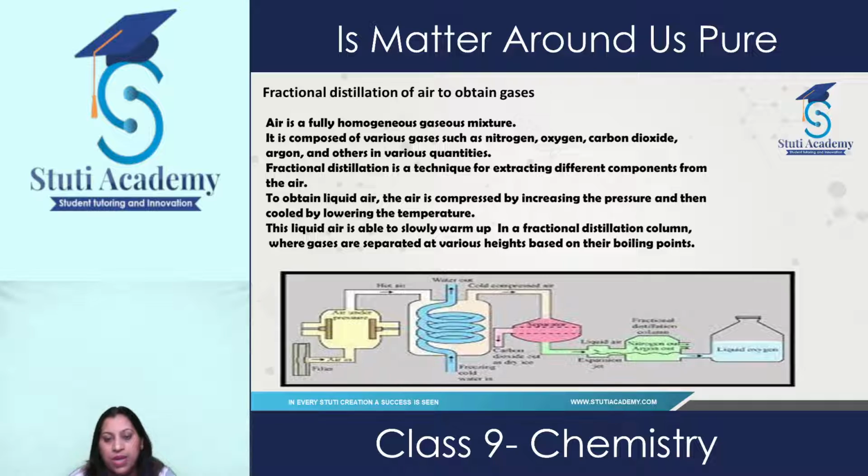In this fractional column, depending upon the temperature, first we get nitrogen, then argon comes out, and then we finally get liquid oxygen. So depending upon their boiling points, we get these gases in different ways. This is how we can separate the gases of air with the help of fractional distillation.